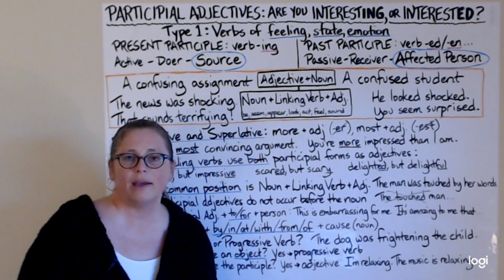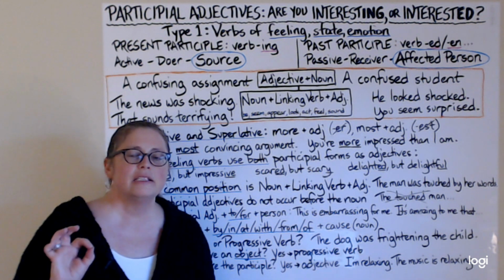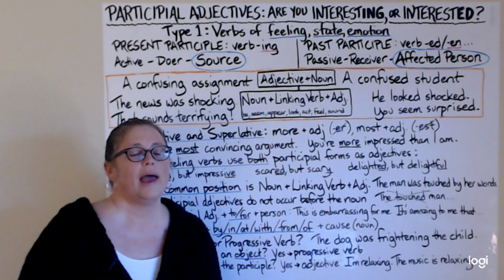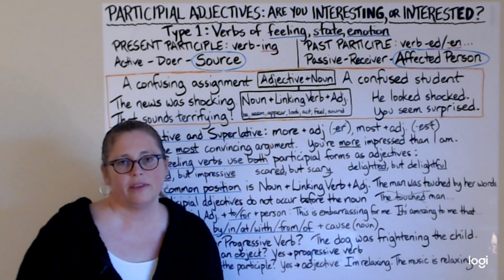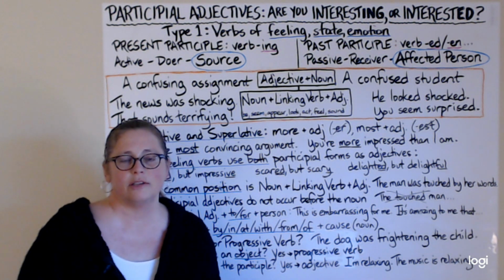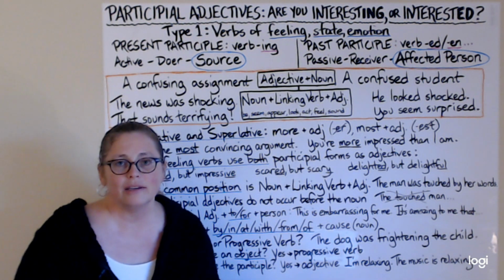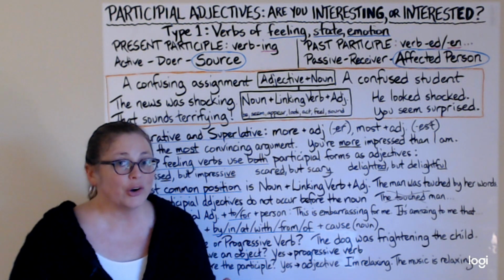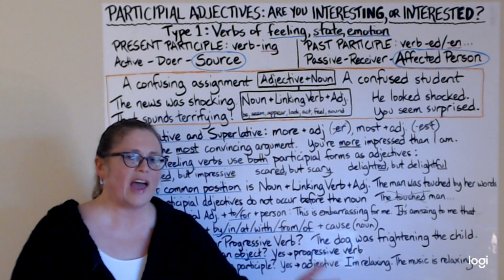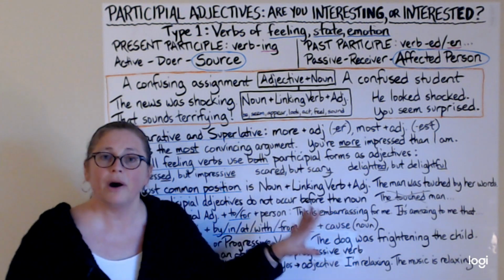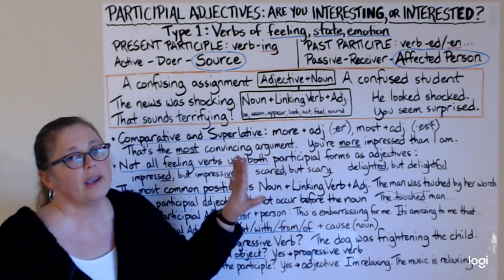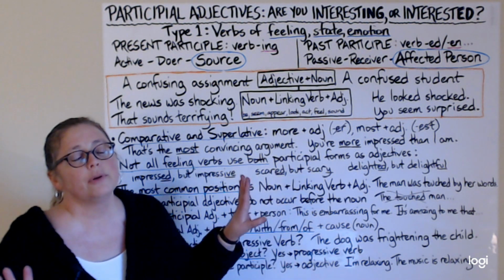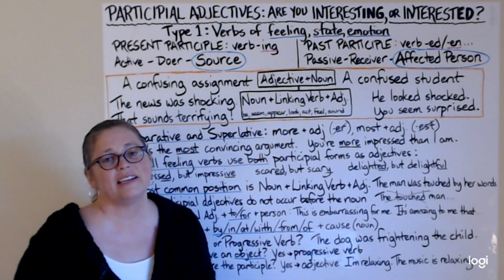You can do that, sure. But it is very common and more common for some of these verbs to use the adjective form. I am worried. I am tired. It's not common to say that tires me. So these participial adjectives are very important to be able to express these ideas in English.